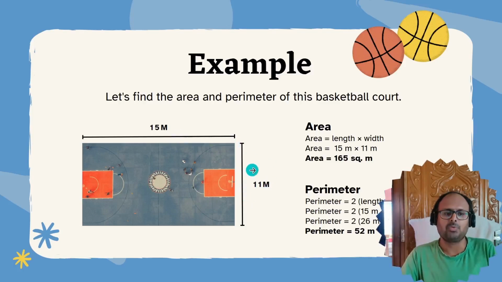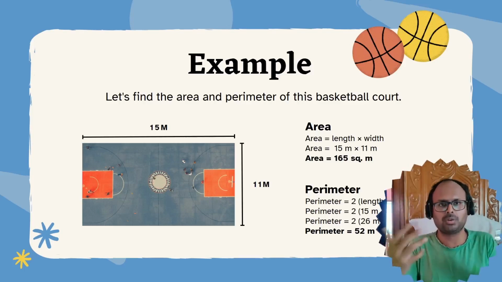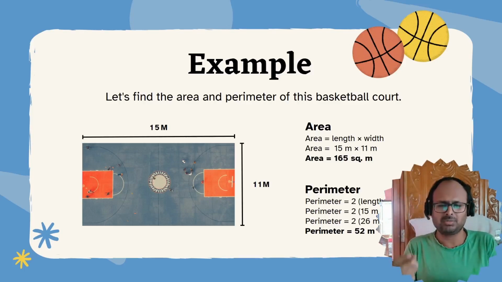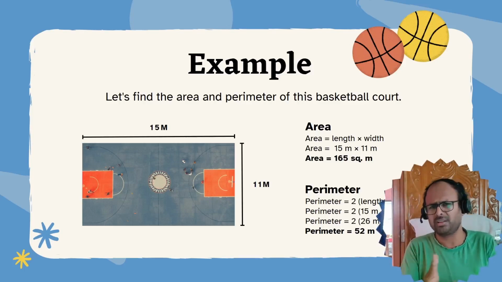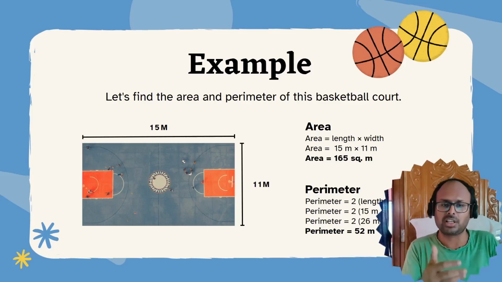Now, why do we need to find the area and perimeter of this rectangle? Because suppose if the ground is big, a lot of children can play inside it. If the ground is small, then a very small number of children can play inside the ground. That's why we need to find these properties, the area and perimeter.